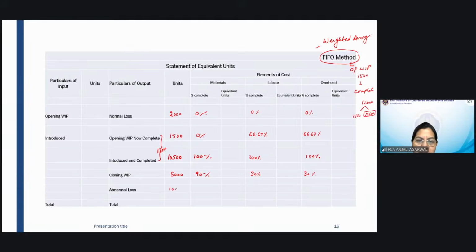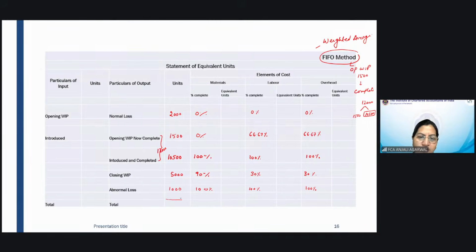Another important thing here is that 1,000 units were your abnormal loss. If no percentage completion is given for abnormal loss, we assume it to be 100% complete and then realize that these are not good enough to be transferred to the next process, and we call them abnormal loss. Look at the total of the units. 2,000 plus 1,500 is 3,500, plus 10,500 is 14,000, plus 5,000 is 19,000, plus 1,000 is 20,000.